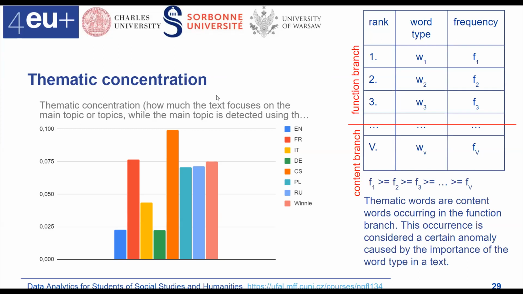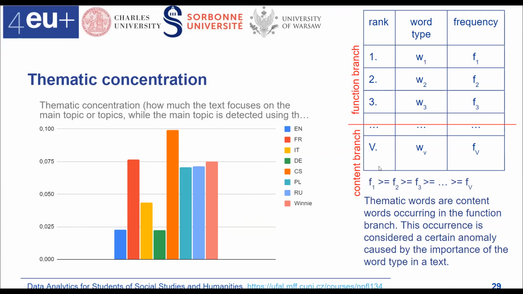In other words, for each word type, we count its frequency in the document, and we rank the word types decreasingly according to their frequencies. Right? So we get a list where the most frequent word type is on the first position, and so on.